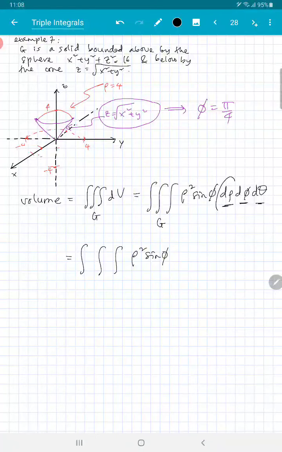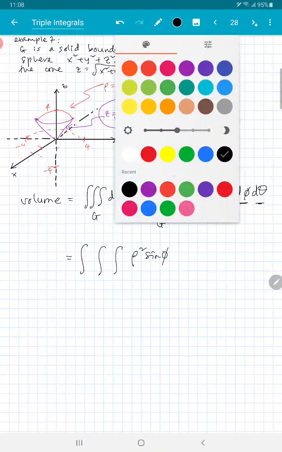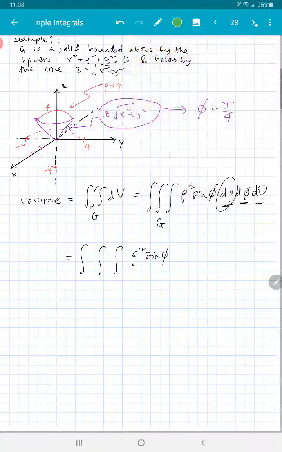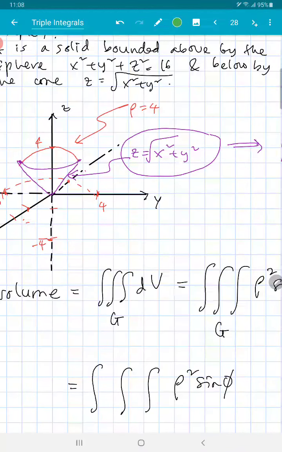Okay, let's find the limits for rho first. Remember how you measure rho. Rho is measured from the origin. So you start from the origin, and then you just draw a straight line across your solid. As you can see, it does start at the origin, and whatever straight line you do across your solid G, it does stop on the red sphere.